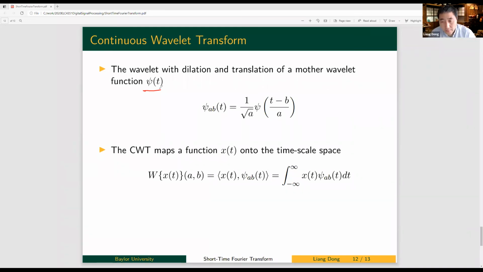You have this mother wavelet. With a and b, a is the parameter for dilation, so you have this division by a. When you divide by a, it can be greater than 1 or less than 1. So you shrink the wavelet or extend the wavelet. That is what I mentioned: I actually shrink the window size or expand the window size. So it's not fixed, right? The entire window size is changing.